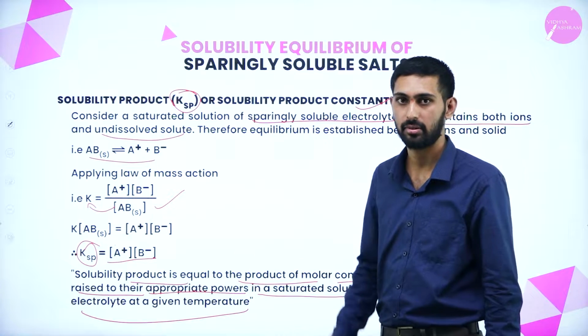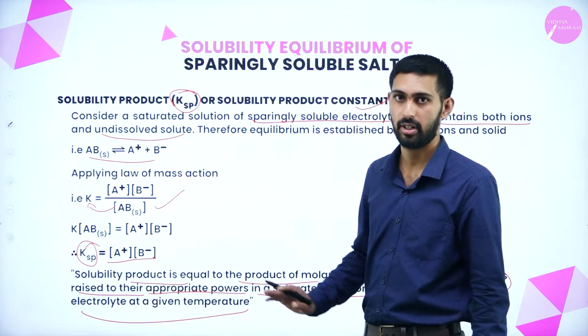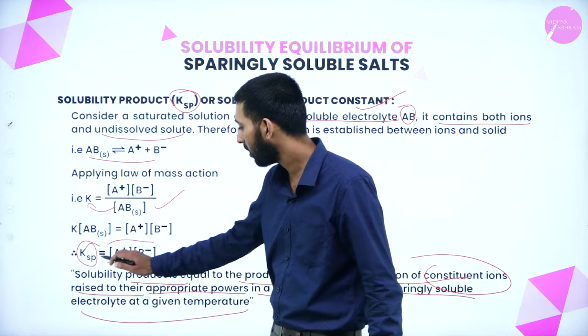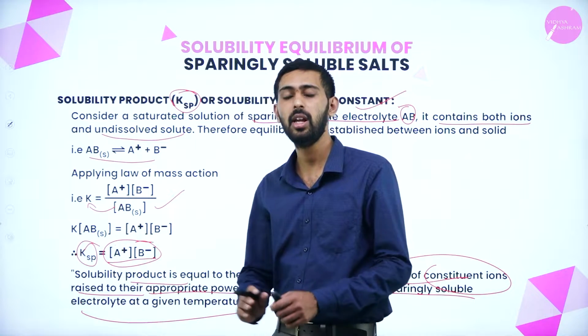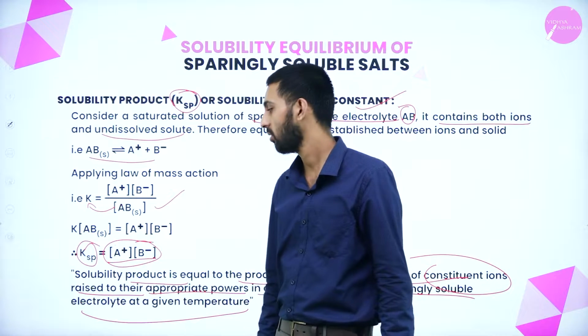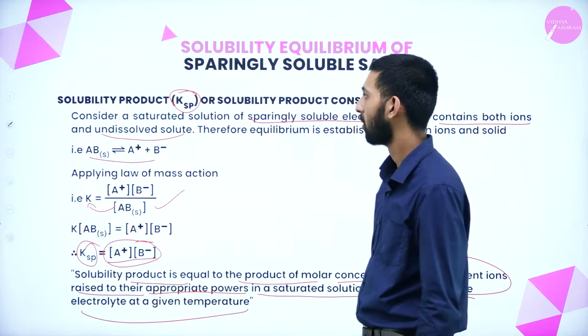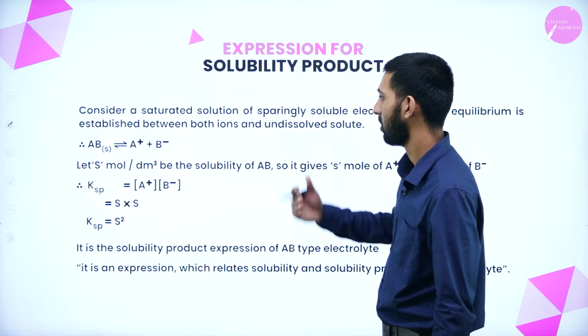We have to know it like that. That is very much important, because we have taken here only the dissociated ions. We should explain only the dissociated ions. That is known as solubility product. Next thing, they will ask the expression.